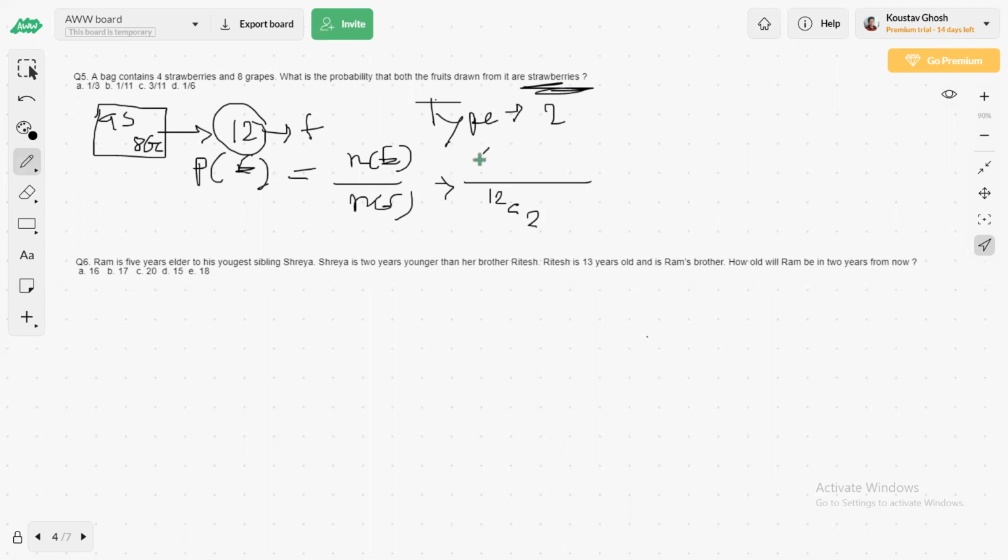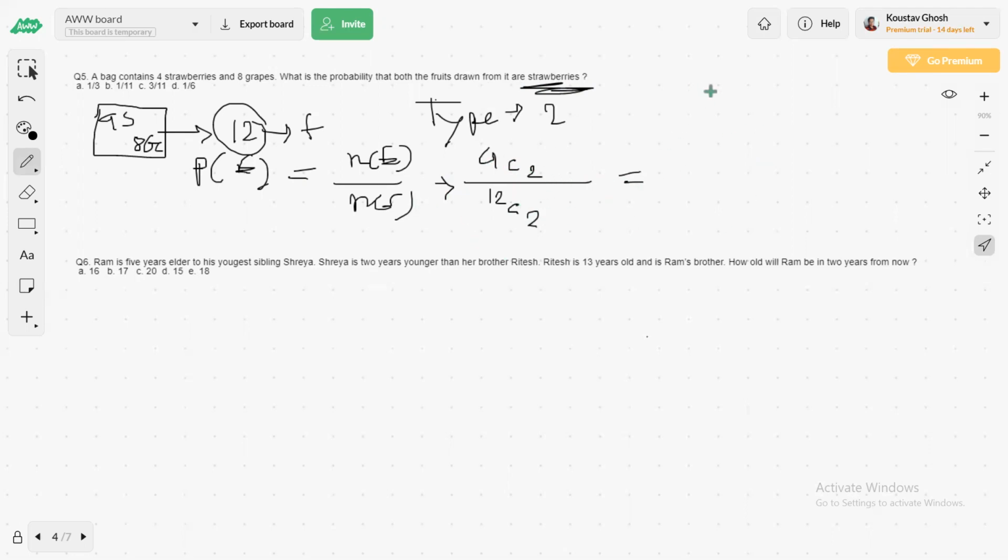Total strawberries are 4, and we have to choose 2 strawberries. So 4C2 by 12C2.